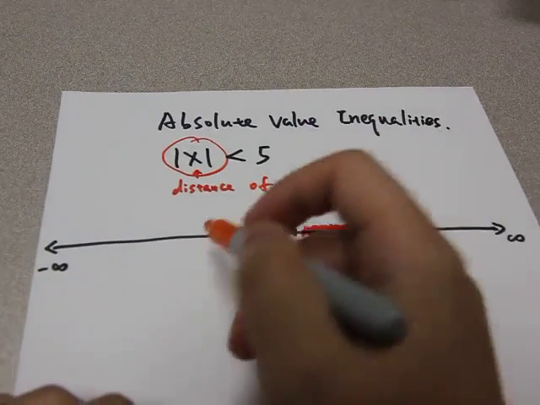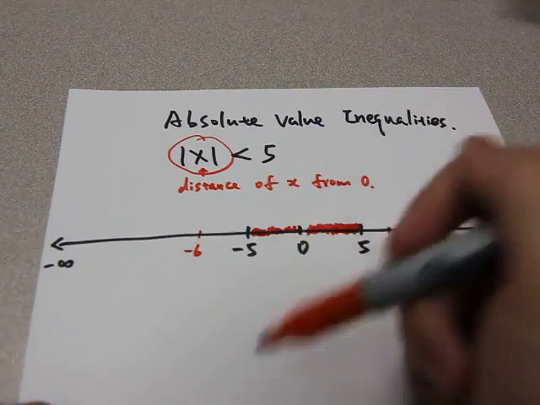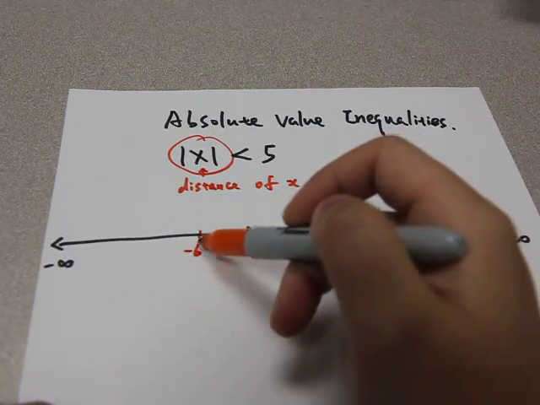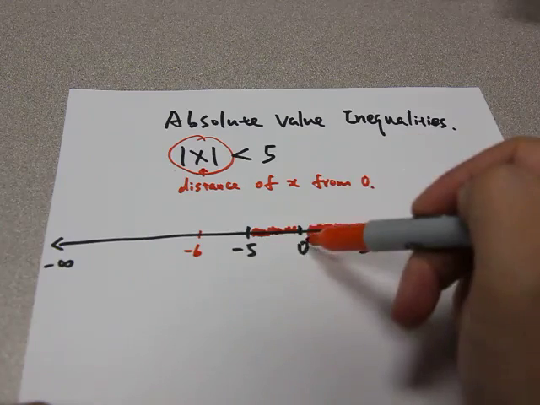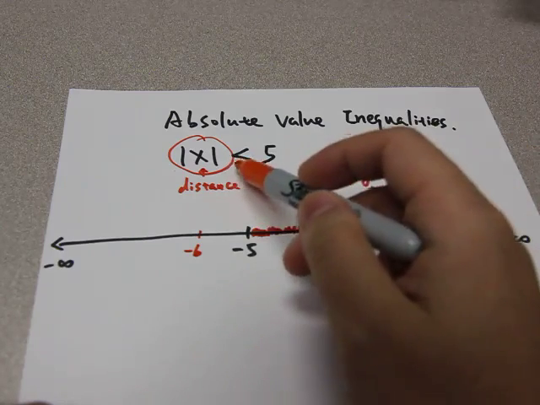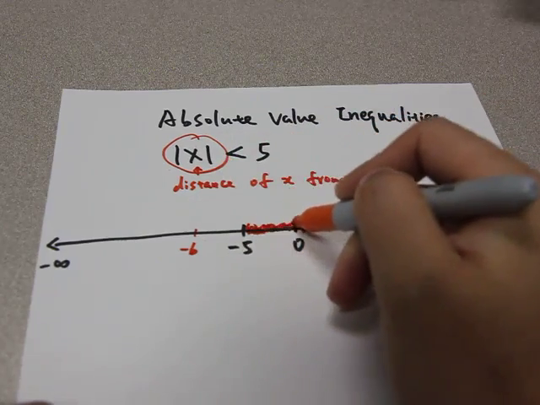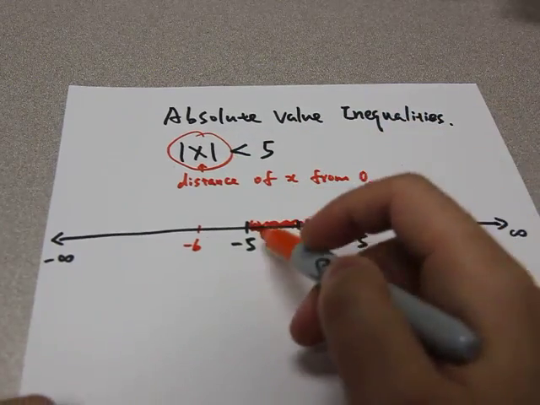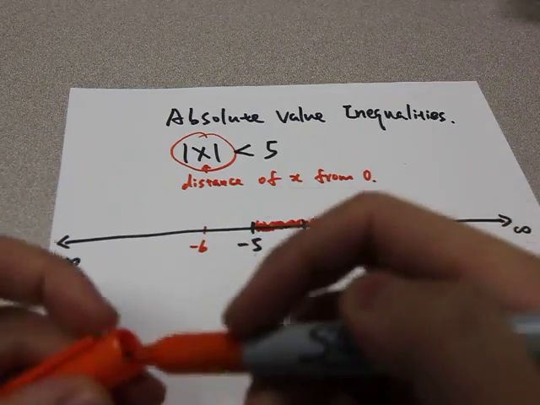Because if x is less than negative 5, for example negative 6, then the distance from negative 6 to 0 is going to be 6, which is greater than 5, right? So x can only be numbers between negative 5 and 5.